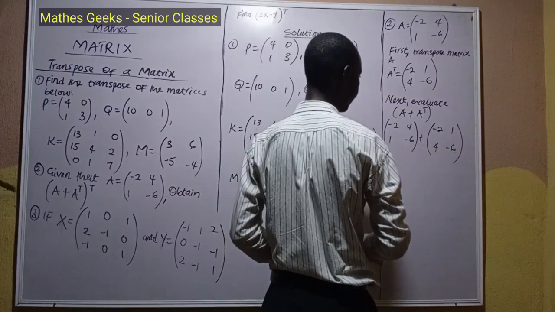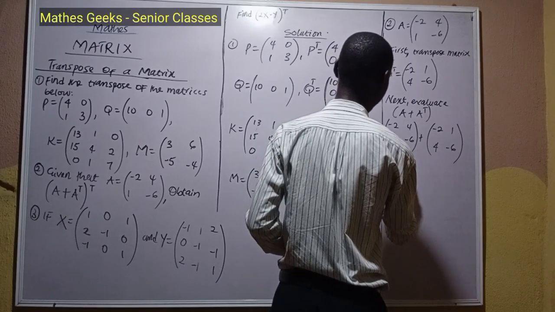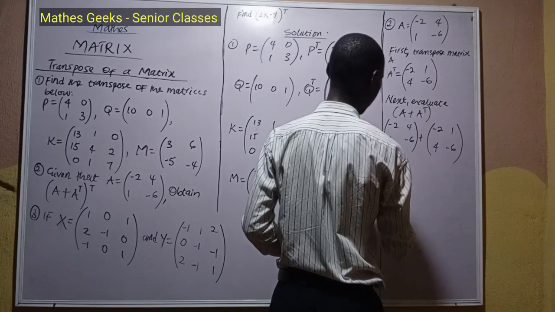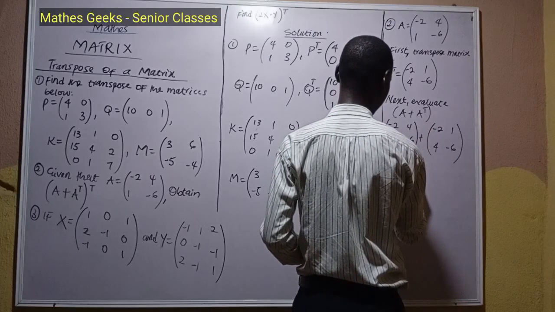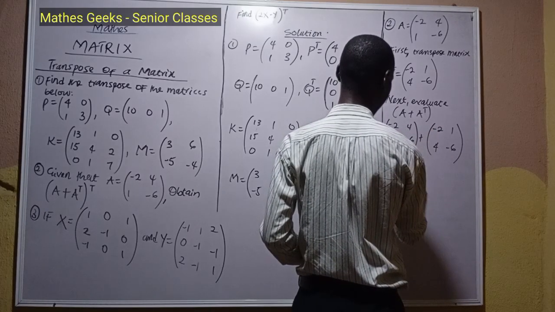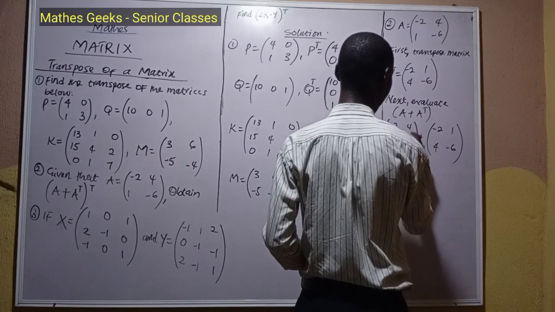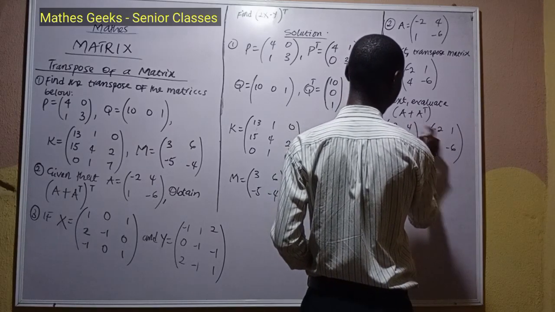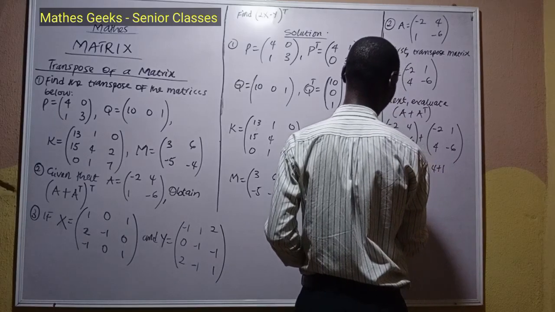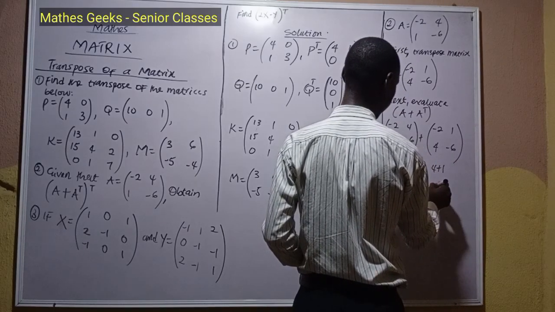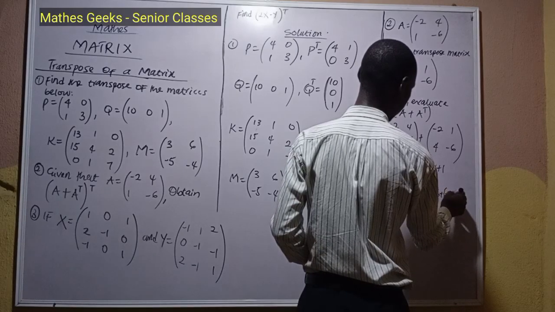This gives us -2 plus -2, and 4 plus 1, 1 plus 4, -6 plus -6.